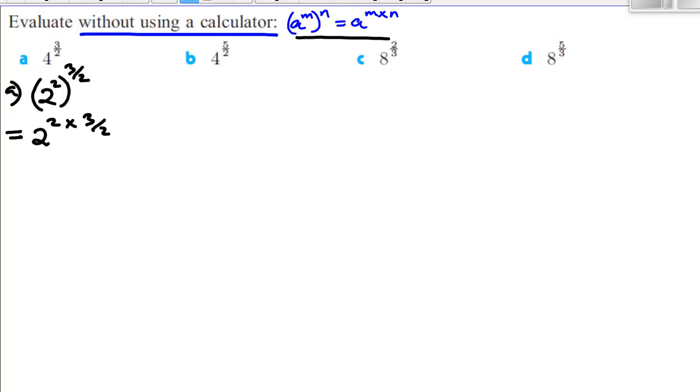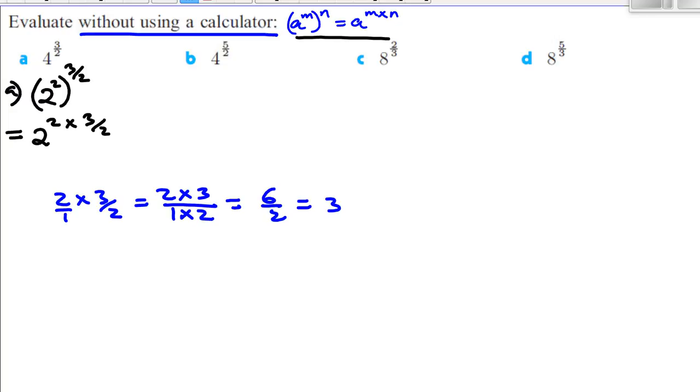Now you have 2 multiplied by 3 over 2. If you remember multiplication of fractions, 2 is the same as 2 over 1. And if you multiply fractions, you can just multiply the numerators and multiply the denominators. You end up with 6 over 2, which is 3.